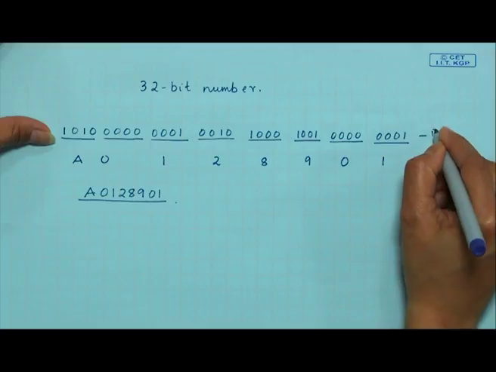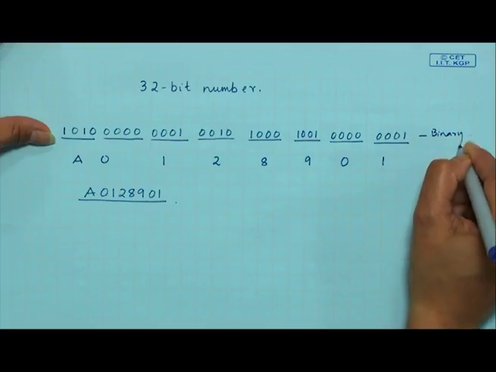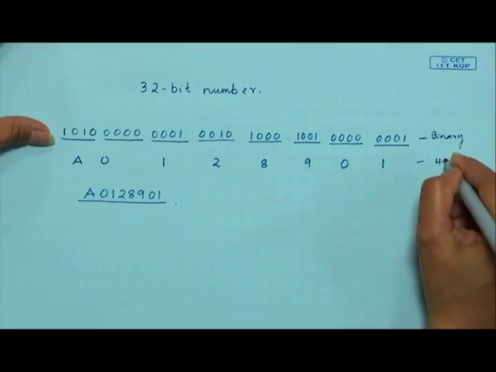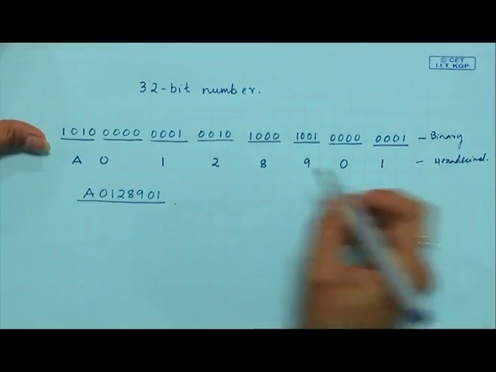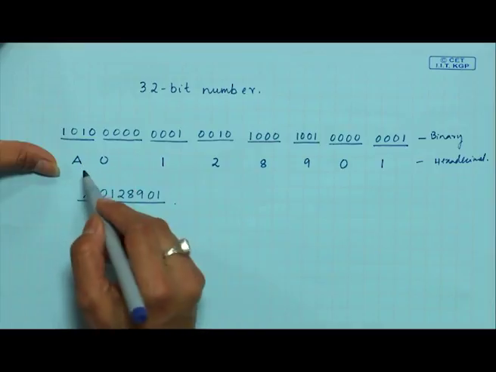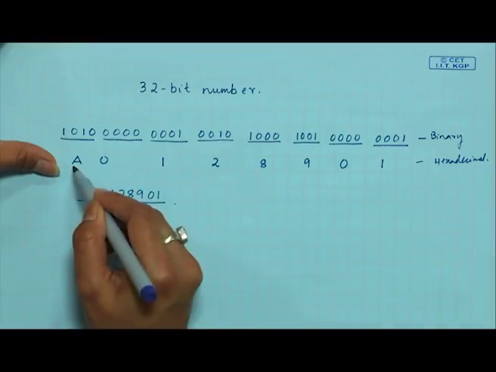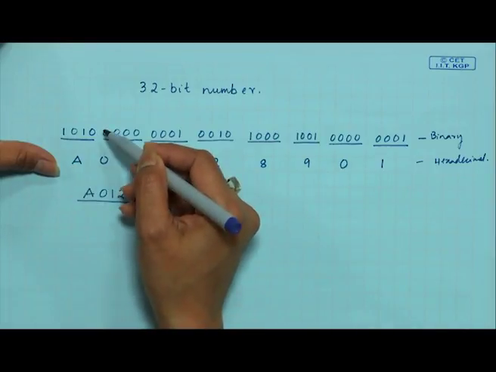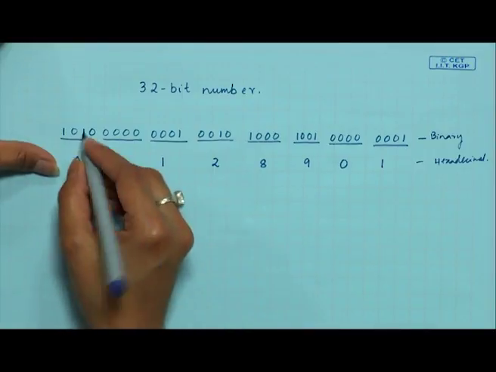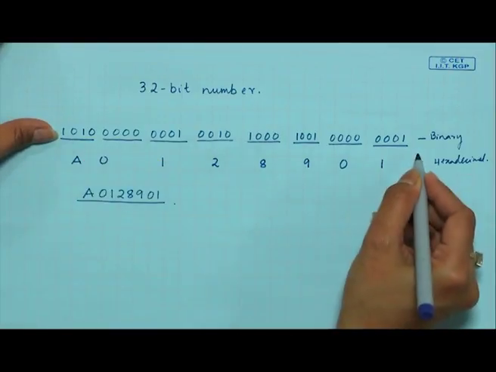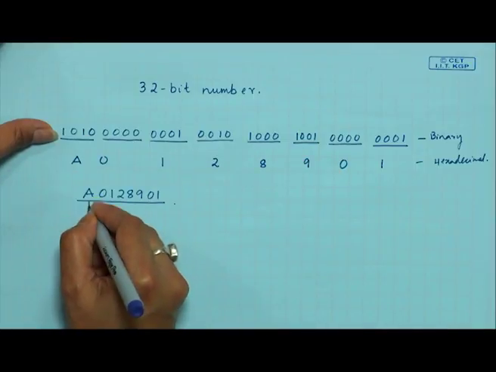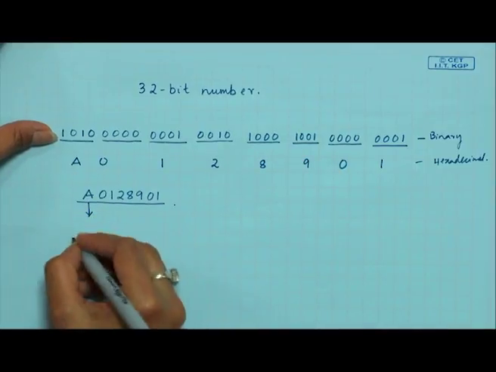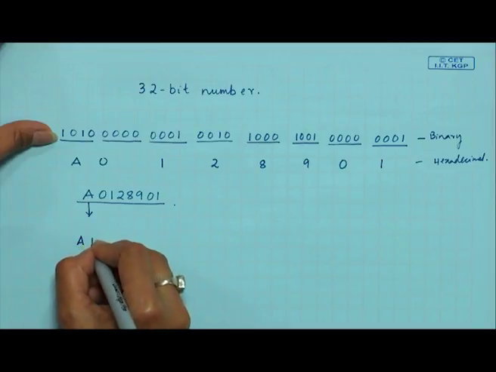This is the binary representation and this is the hexadecimal representation. So, now how can we convert from hexadecimal to binary? In the same way, here these are all binary, we have grouped it into groups of 4 and then we have converted.